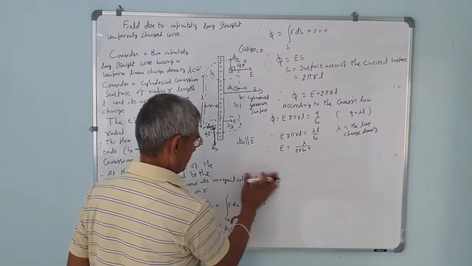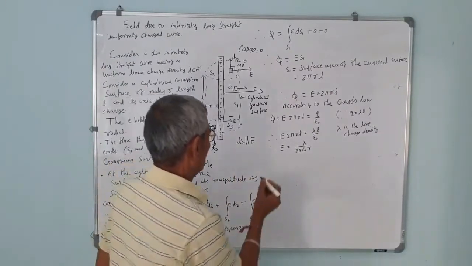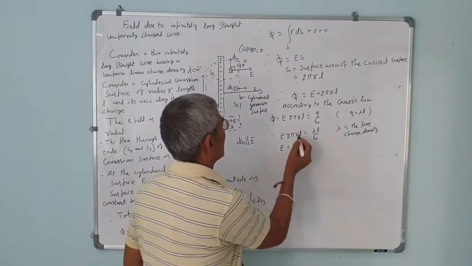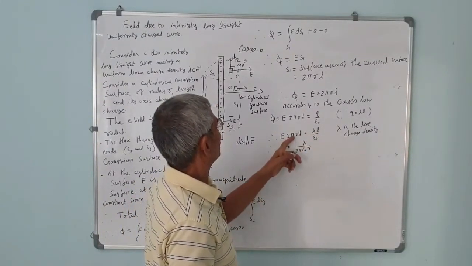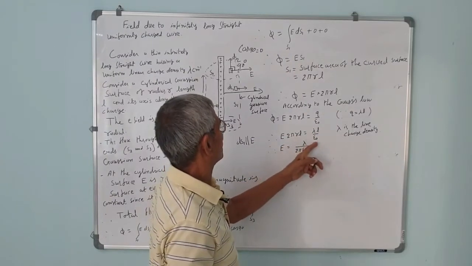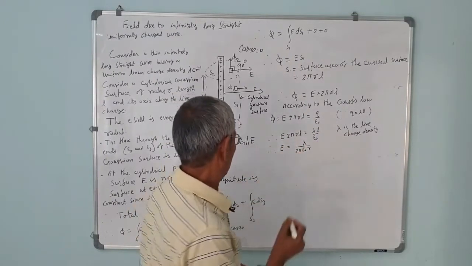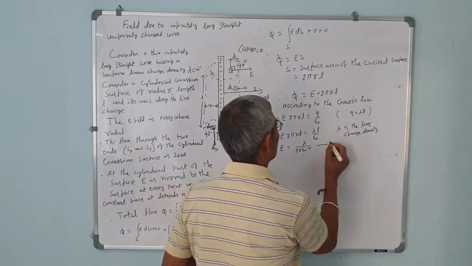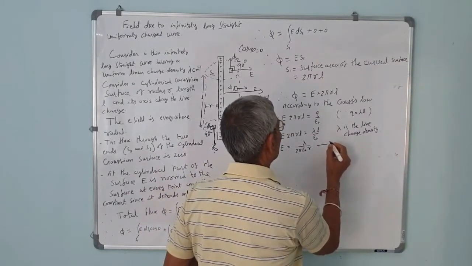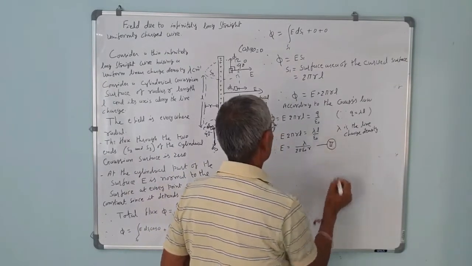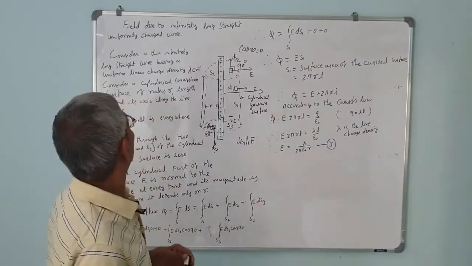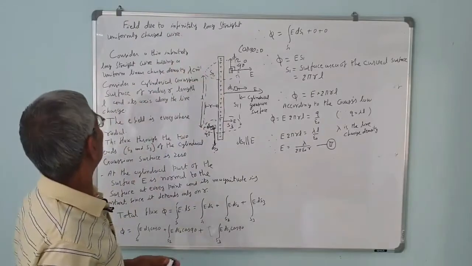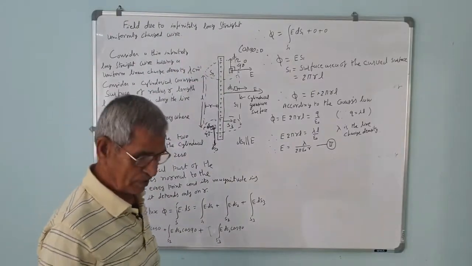L cancels. So E is equal to lambda upon 2 pi r epsilon 0. This is the equation for the electric field intensity due to a line of charge, or due to an infinitely long straight uniformly charged wire.